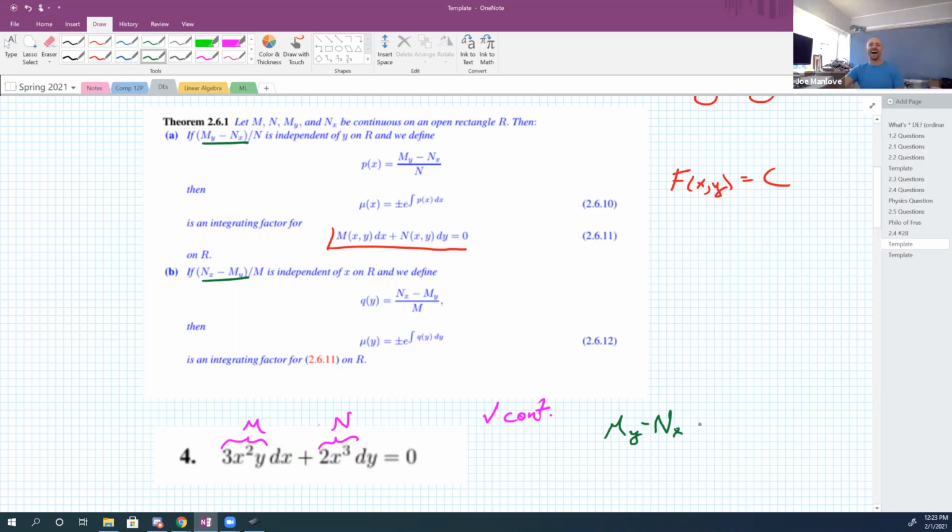And if you do them backwards, they don't really work. I kept getting 1 over y squared instead of just y squared, and I was like, what am I doing wrong? Yeah, this is an important realization, that these two things are flip-flopped from one another. So you can always calculate My minus Nx, but when you're looking at part B here, you need to flip this sign on it to use it.